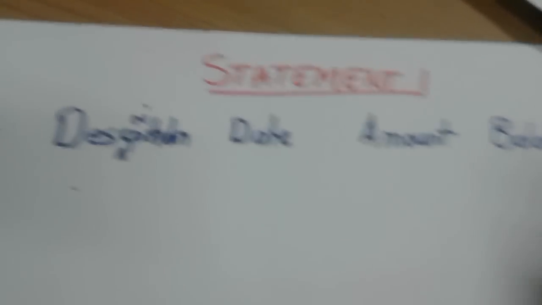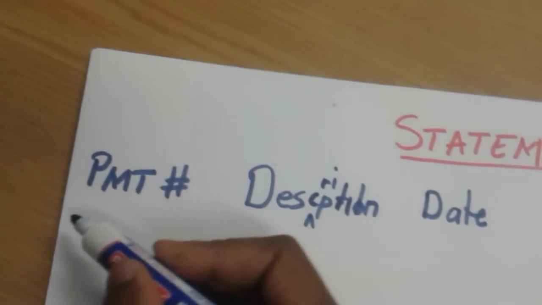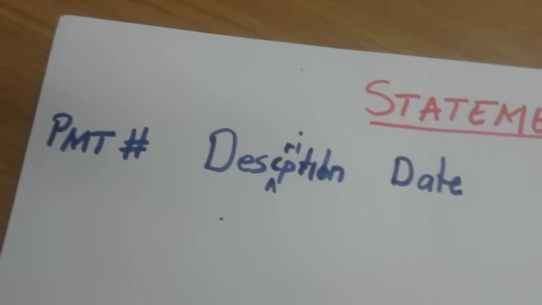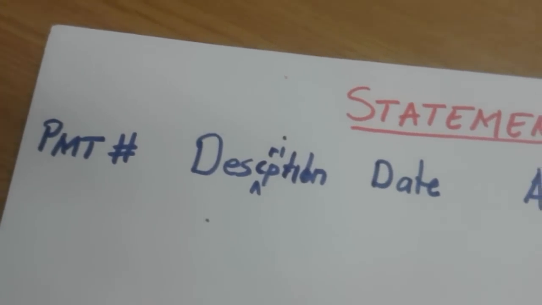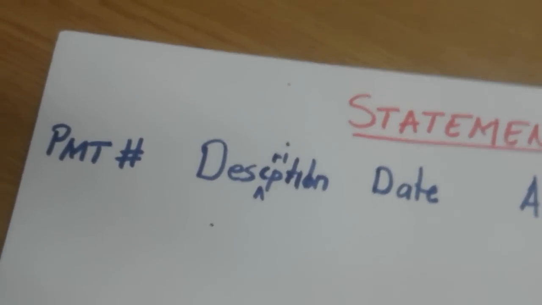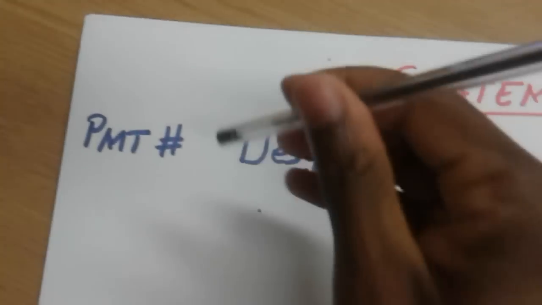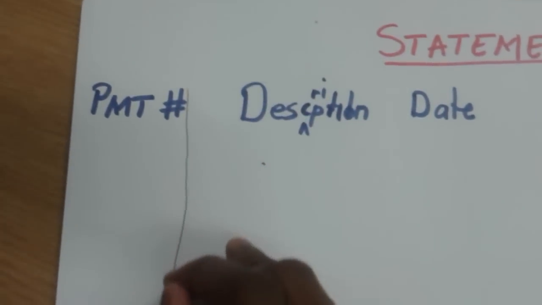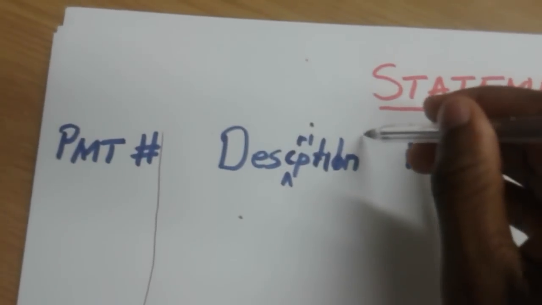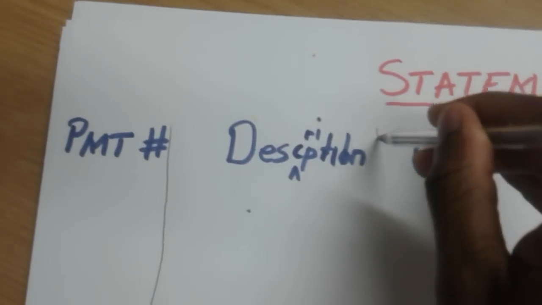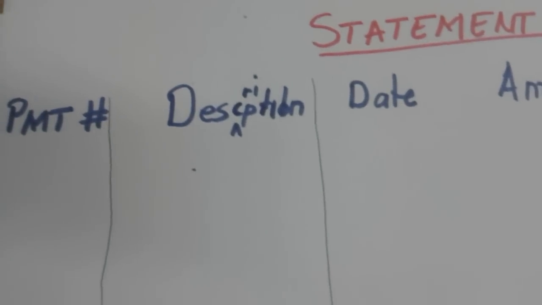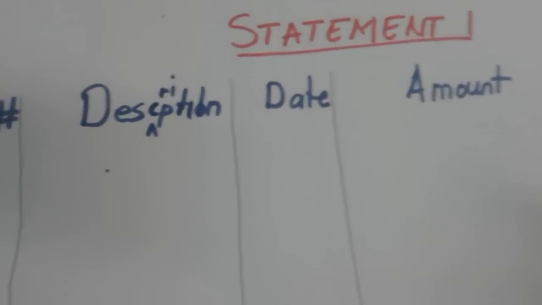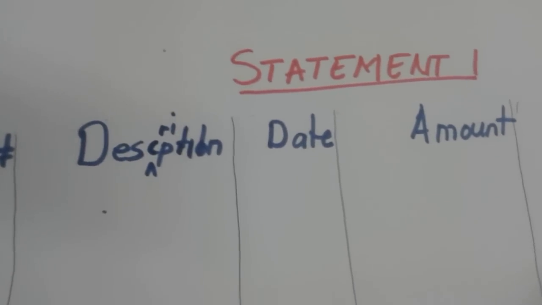Okay, so let me split this. So let's use this one here to draw that line, and then the description, of course, is the one that's a bit bigger, and then the date, it's not that big, and then the amount, of course, and the balance, we split that into two.